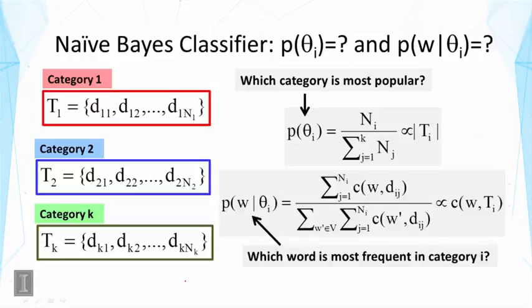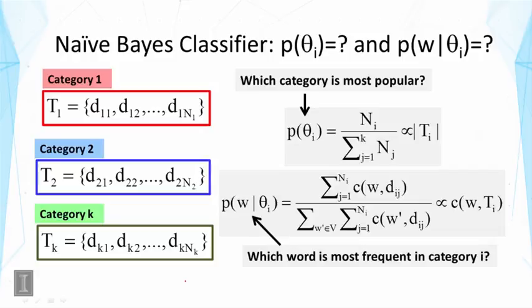Now, what about the word distribution? Well, we do the same. Again, this time we can do this for each category. So let's say we're considering category i or theta i. Which word has higher probability? Well, we simply count the word occurrences in the documents that are known to be generated from theta i.